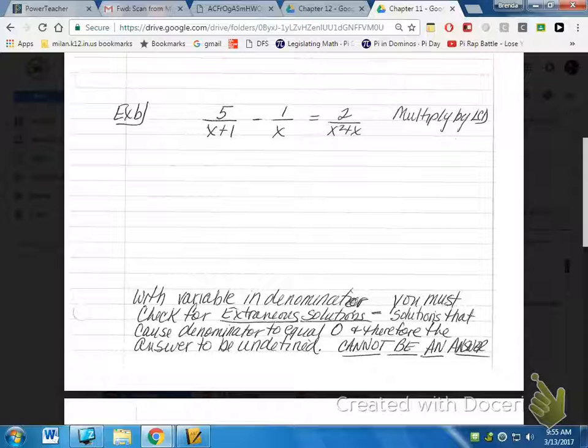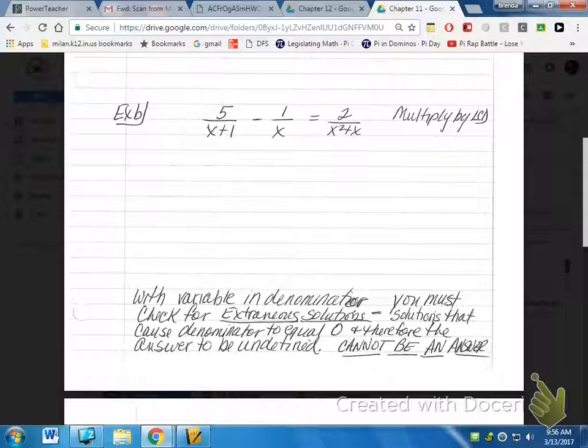And that's exactly what's going to happen here. Now, some of the denominators here being expressions like that, it can make it kind of complicated. So we've got to decide what the common denominator would be. This problem: 5 over x plus 1 minus 1 over x equals 2 over x squared plus x.